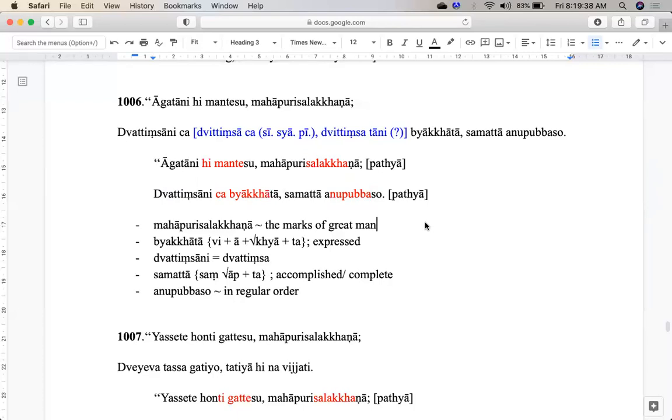Okay, so in the first line, Agadani hi mandesu mahaburisa lekhana. So Mahaburisa lekhana is the subject, Agadani is the predicate. Agadani is the past participle form of agachati. So a past participle, we can translate as present perfect, simple past, or past perfect also.